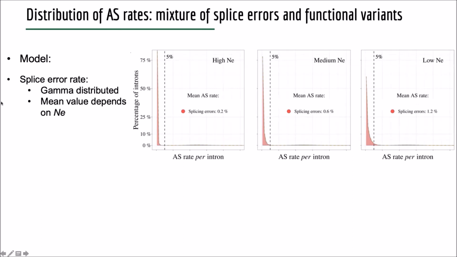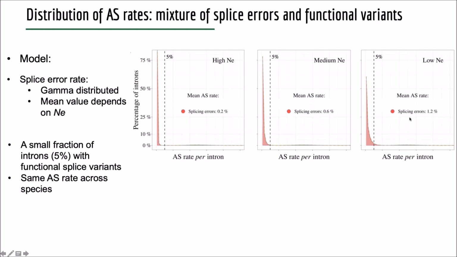What we think is that the rate of splicing errors varies among species according to their effective population size. So in species with high effective population size, the rate of splicing error is lower than in species with low effective population size.